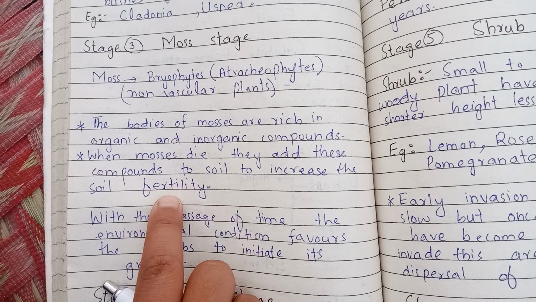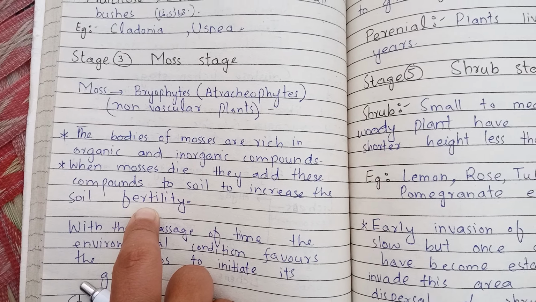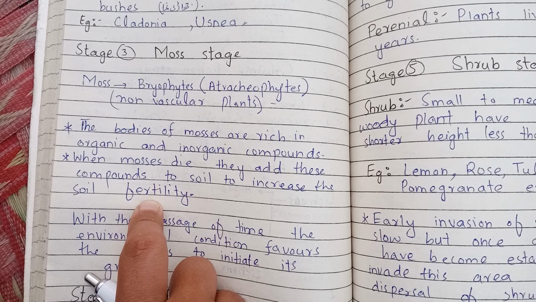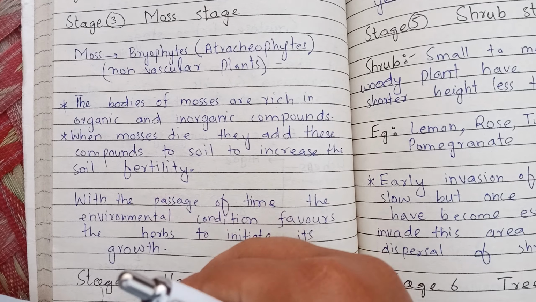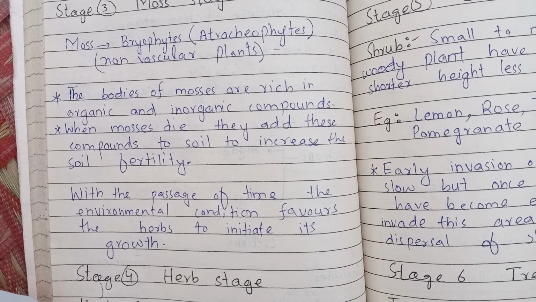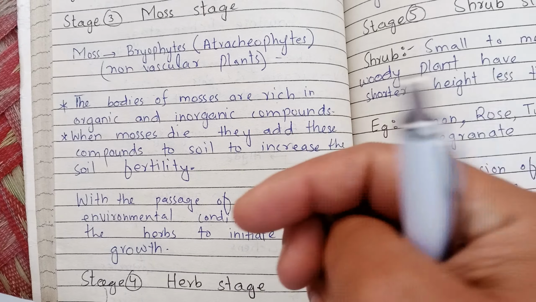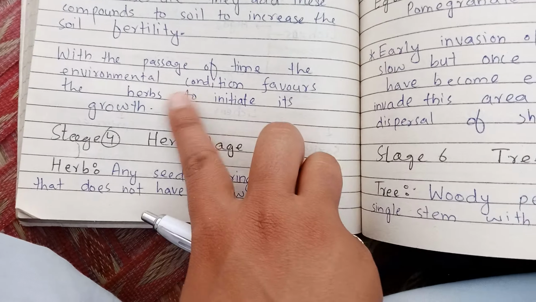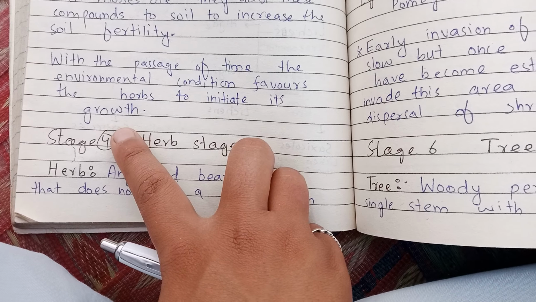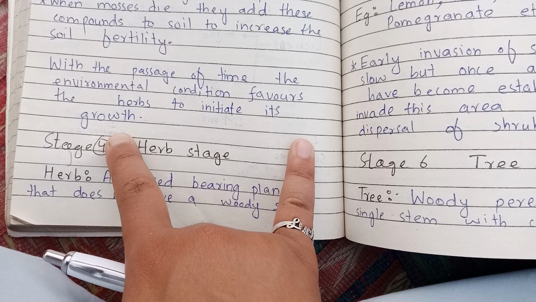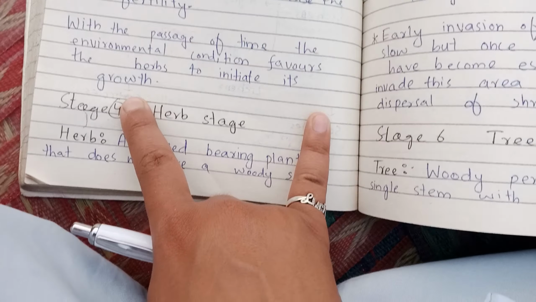When they die, those organic and inorganic compounds are broken down by different decomposers. Then, with the passage of time, the environmental conditions favor the herbs to initiate their growth.